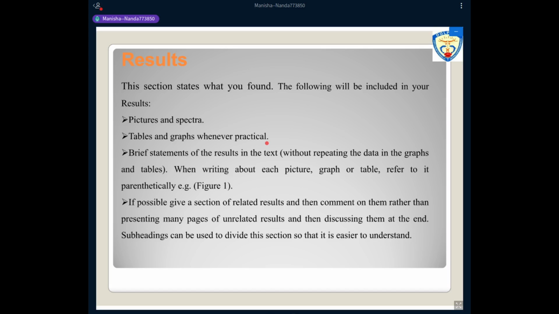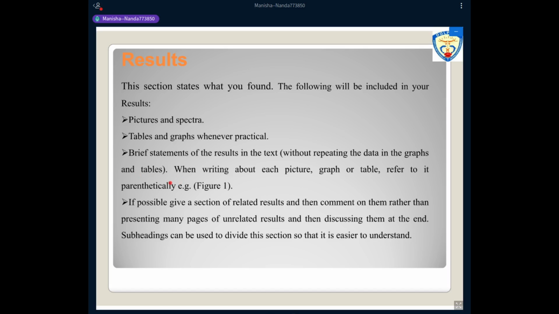And when you get trends in the form of spectrophotometric readings, you can represent them in the form of graphs, and just by looking at the graph, one will easily know what is the effect of temperature on that particular material.